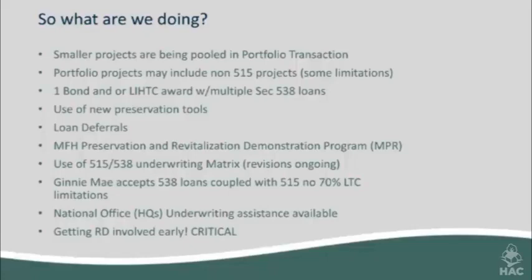My apologies. And so, as I was saying, the 515 and 538 matrix is a great tool because when we're looking at the preservation of the programs, the lenders are looking at how we are underwriting these programs, and the lenders know that we're always underwriting to the most restrictive of the two guidelines.